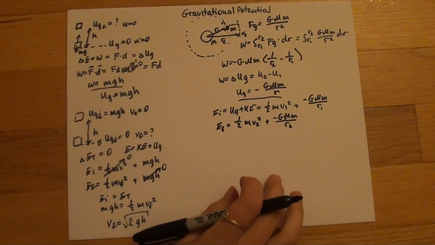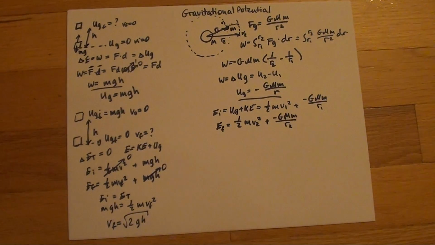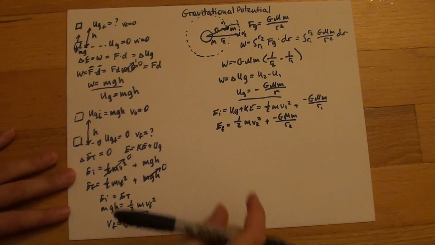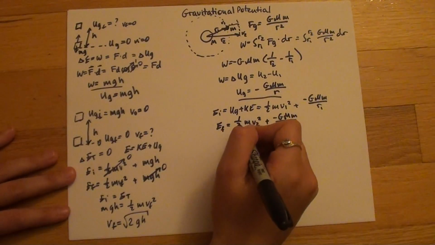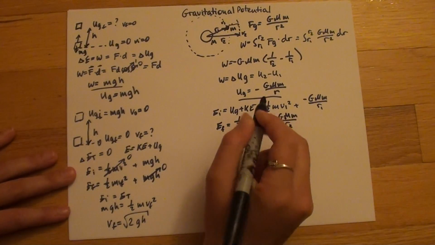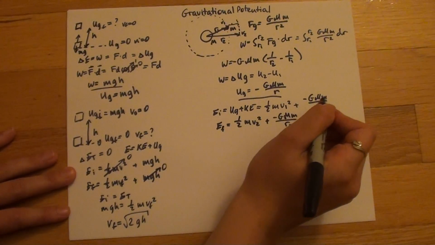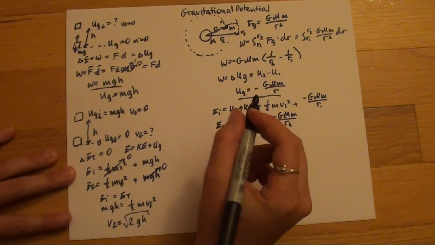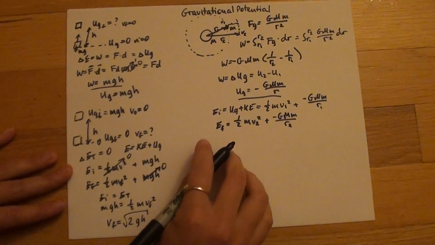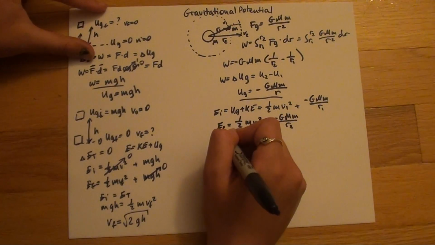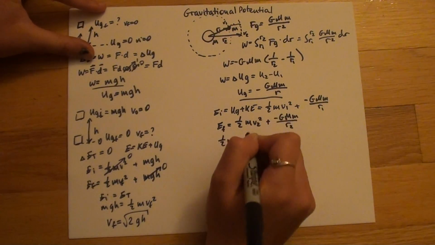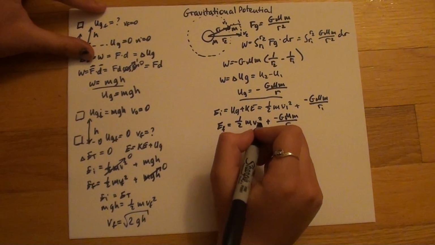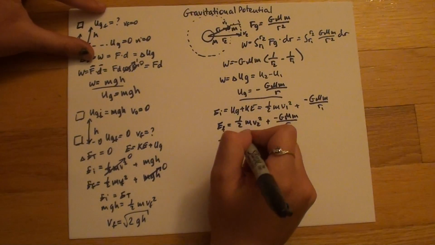Alright, so now we need to determine the escape velocity. Okay, well, before that, we know that E initial equals E final, so the change in the total energy is 0. So at any given point, at any given radius, the kinetic energy plus potential energy will always be equal to the other point.